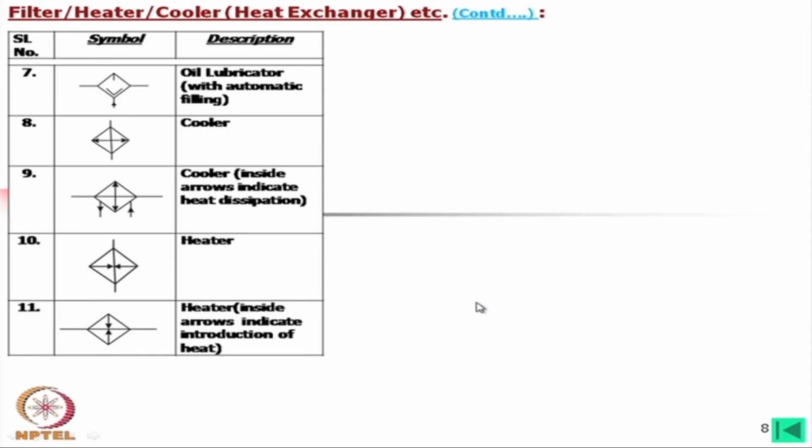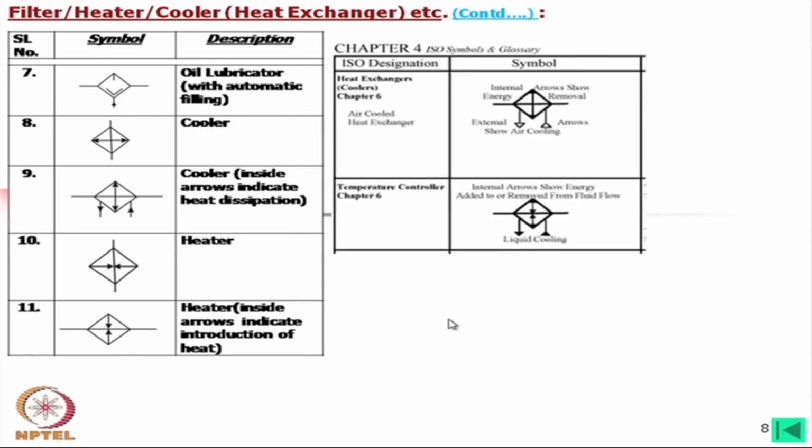These are basically heaters. Now, if we look into this, what we have already studied in the IOC symbols and glossary, you can see this is a cooler because the arrow is outside, the heat is going out. So, you can compare with this. Only thing, in this case this is filled and this is not filled, that means this is air cooled or something like this.